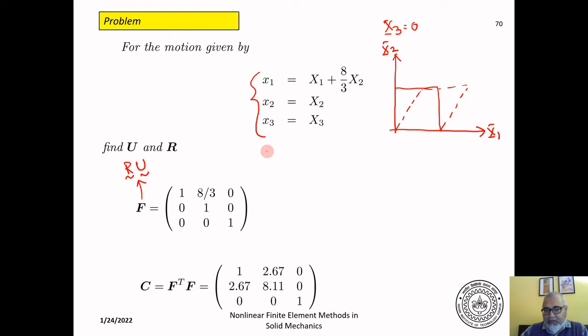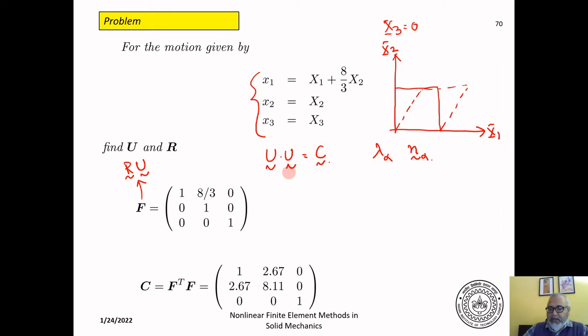We make use of the fact that U times U is equal to C. We have proved this earlier. Now, the eigenvalues of U are, let's say, lambda, and the eigenvectors are n. Let's call them lambda alpha and n alpha. So there are three of them, alpha goes from 1 to 3.